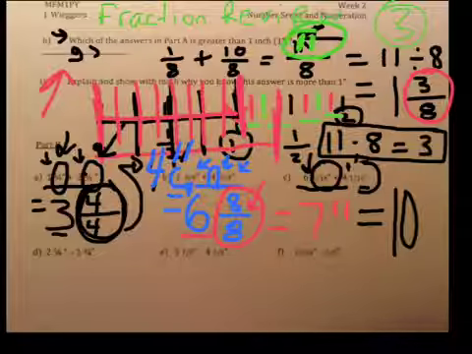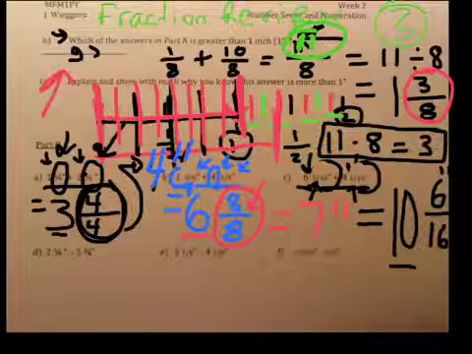So we end up with 5/16 plus 1/16. We keep the denominator, it's 16, and we add the 5 on top to the 1 on top, and we get 6/16.